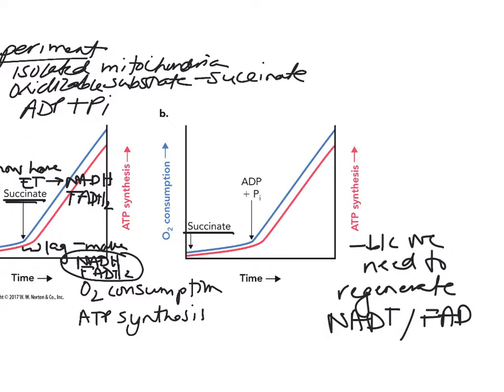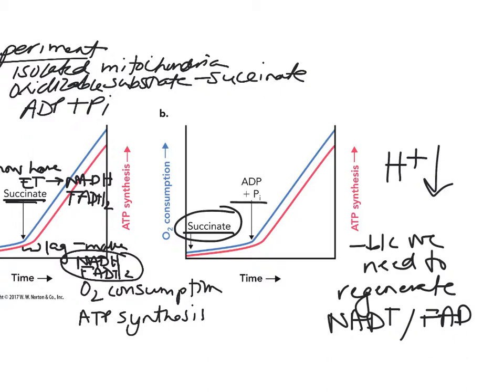All right, so that only happens when our protons flow back through the gradient. So even though we may transfer electrons to oxygen, we're not going to consume a lot of oxygen because the process is not coupled.